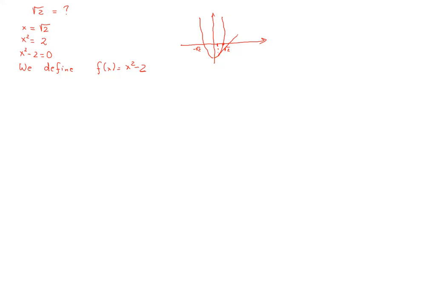But if you start with some number on the negative side, that is going to be attracted by negative square root of 2. So you should not take x naught to be on the negative side if you want your method to eventually lead you to square root of 2.